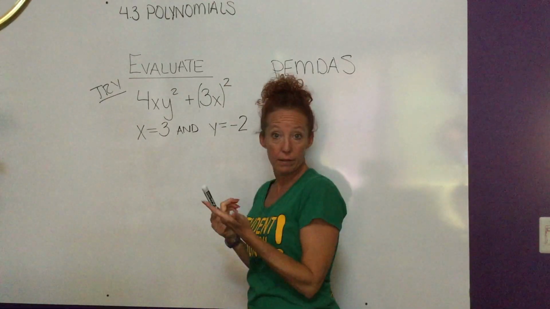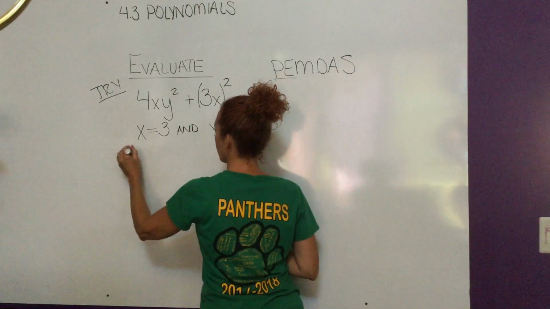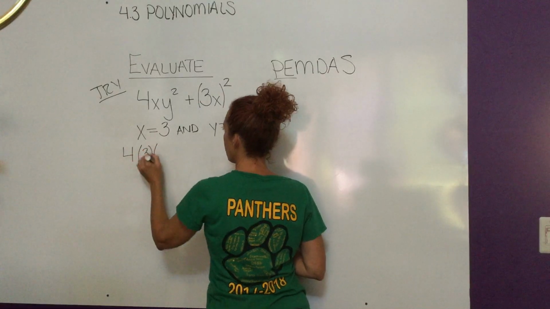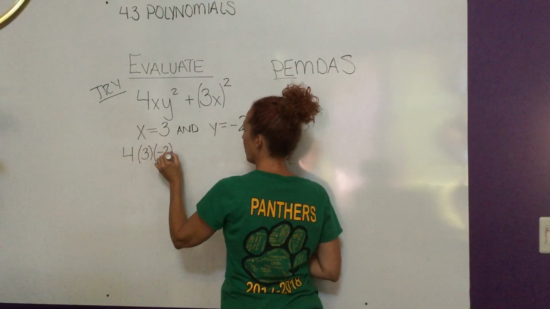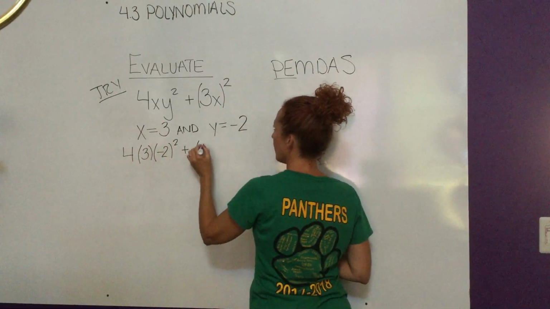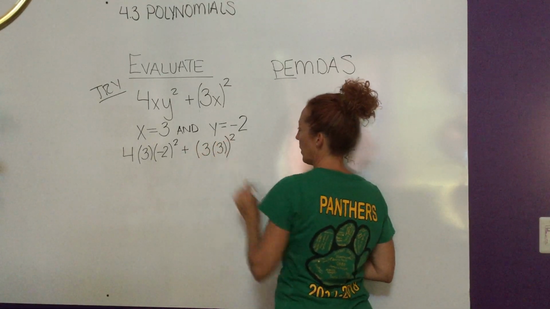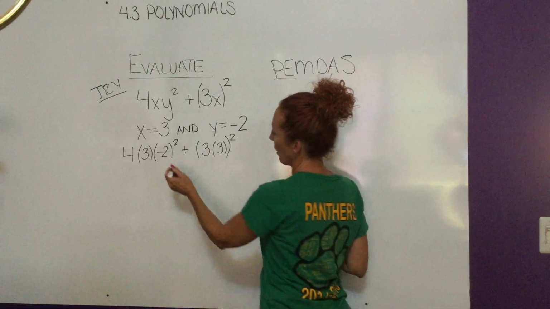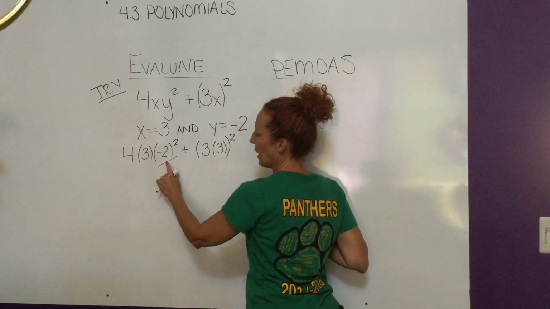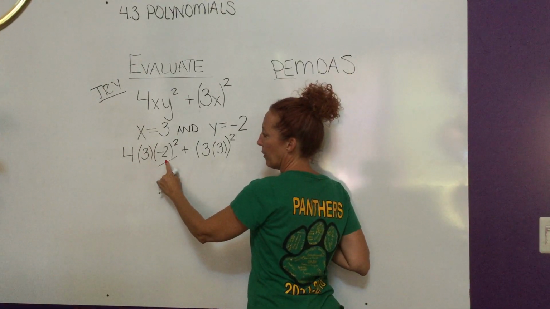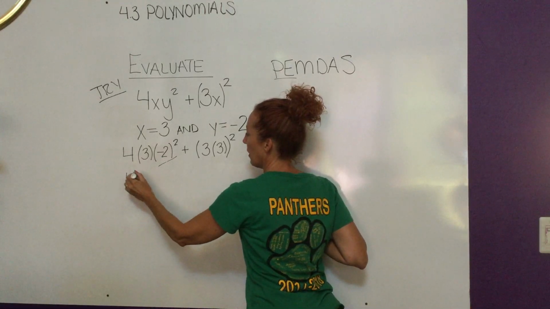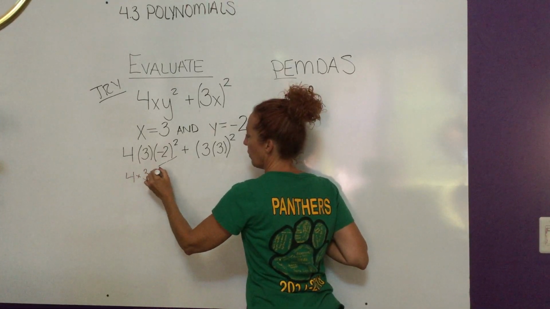Okay, welcome back if you paused. So 4 times 3 times -2 squared plus 3 times 3 squared. Start here. So -2 times -2 is 4. So we have 4 times 3 times 4.